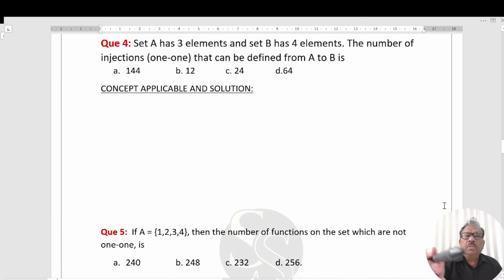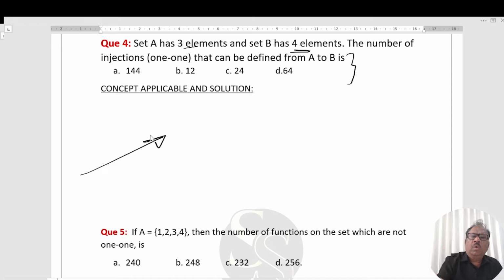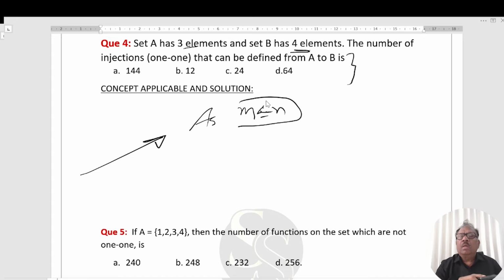Question: set A has 3 elements, set B has 4 elements. The number of injections that can be defined from A to B. I will also discuss this topic in question number 1. As m is less than or equal to n, where A has 3 elements and B has 4 elements, this condition is satisfied.